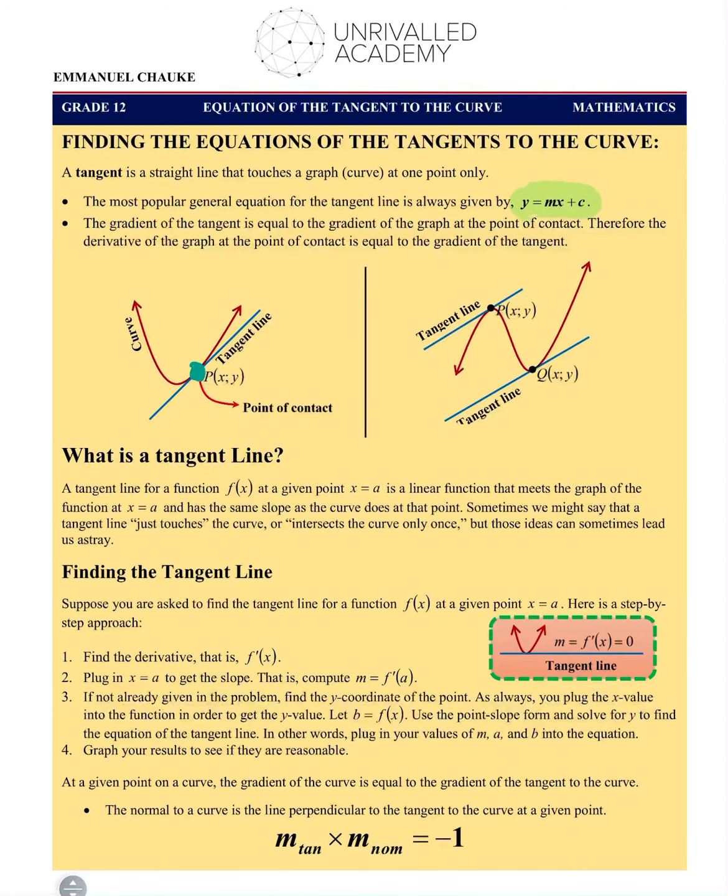This is where the tangent line, the blue line right there, touches the curve at that particular point. We also have the cubic graph here, which touches the graph at P and also at Q. So we have two tangents drawn at P and Q. Those points, P and Q, define the points of contact on that curve.